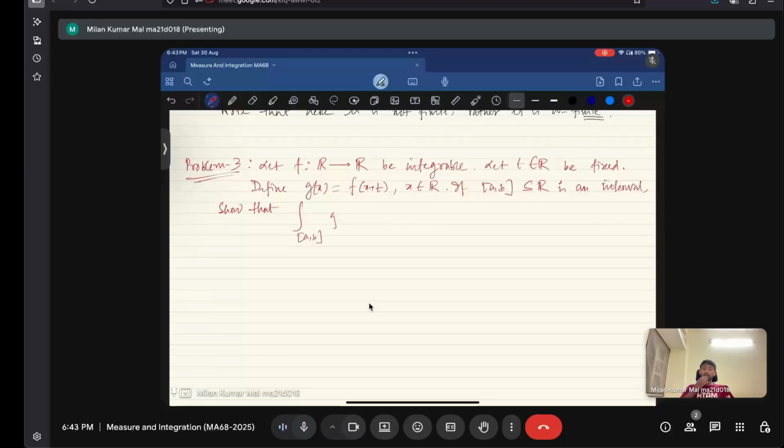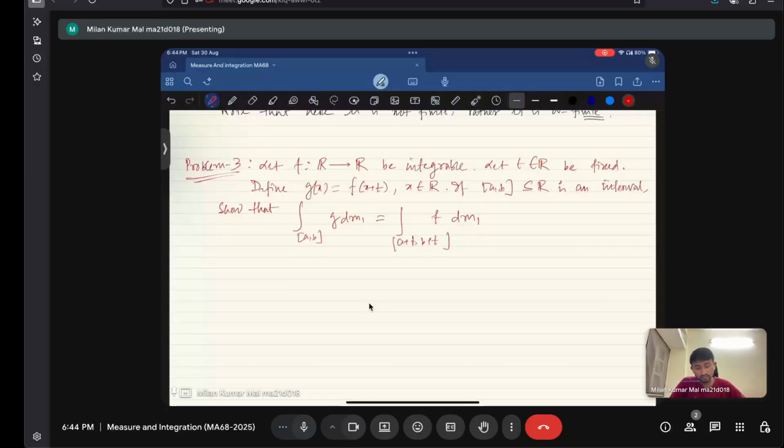This is actually the translation property we are looking at. You know that in class 12 we have done this, the change of variable. Suppose we have an integration limit from a to b, and you are changing variable from x plus t to x.